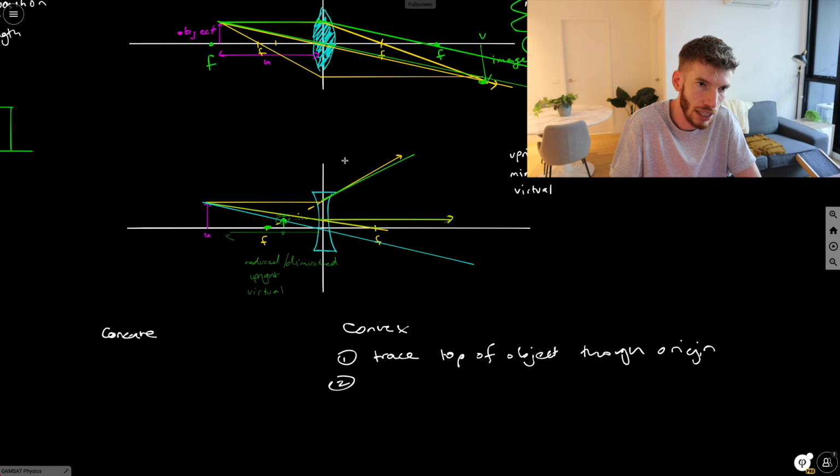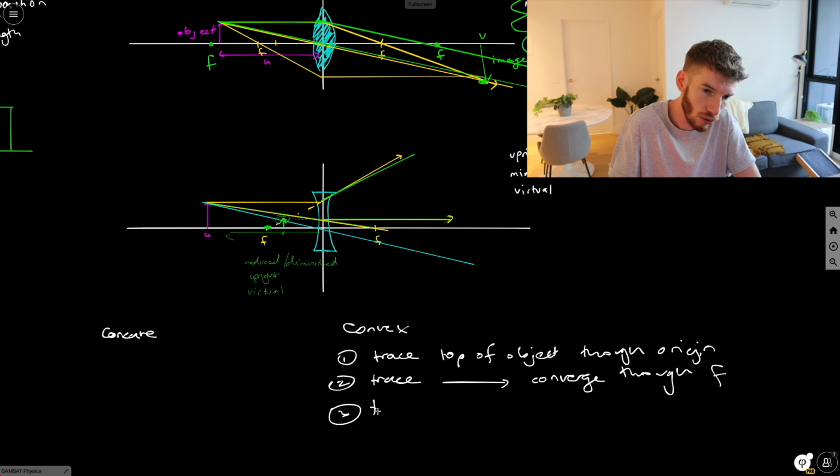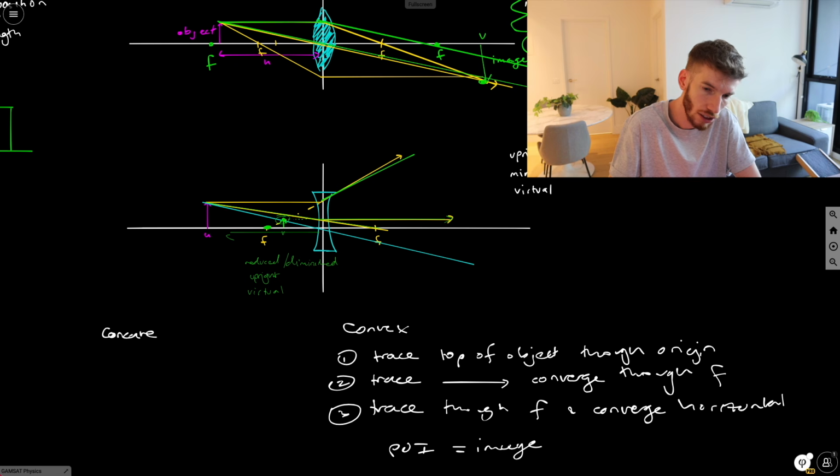The second thing that we did was trace horizontally, straight across, and then converge through F. Then step number three, so that was this one here. Step number three is trace through F, and then converge to horizontal. It's often not even needed to do that third one, and then the point of intersection is where the image is, just like that, right?